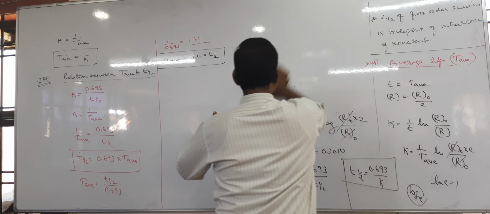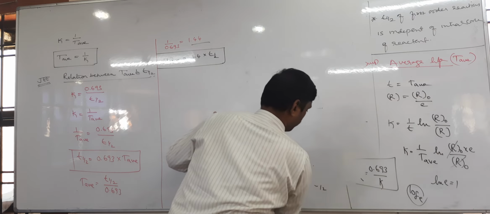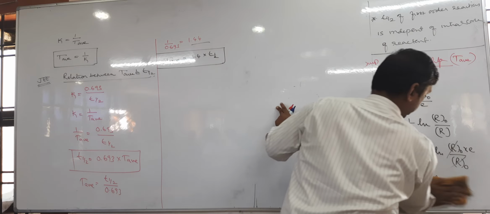So this is the relation between T average and T half, and it is for first order only.